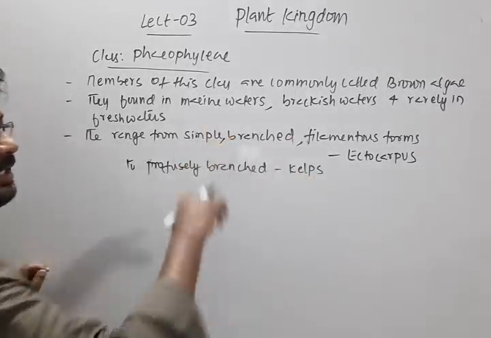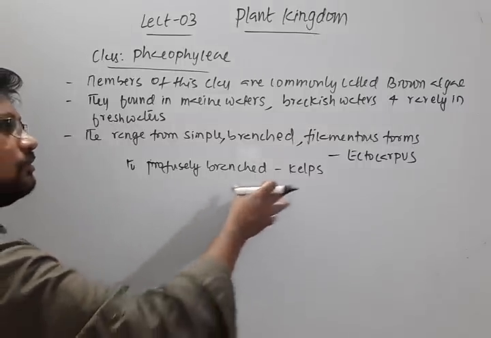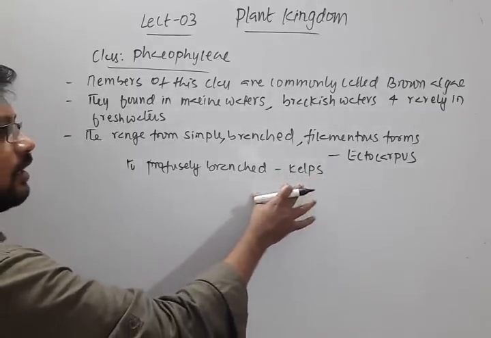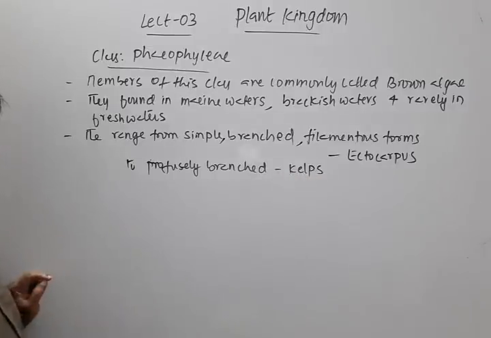I think I have told you this in the general characters. They range from unicellular to a very big growing algae called kelp. They can grow very tall, several meters in height.